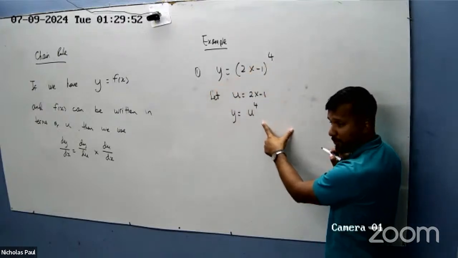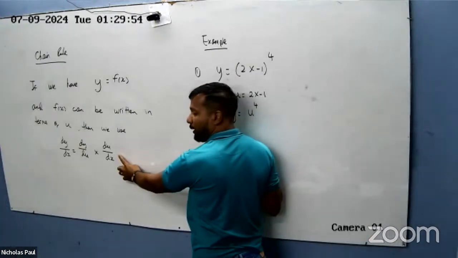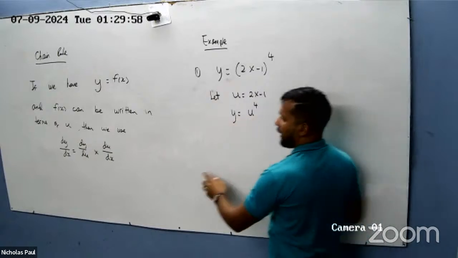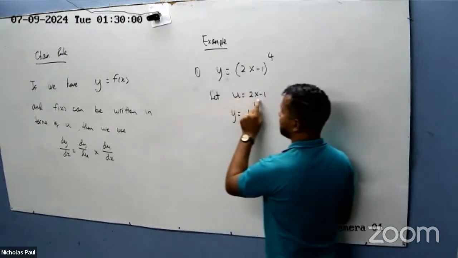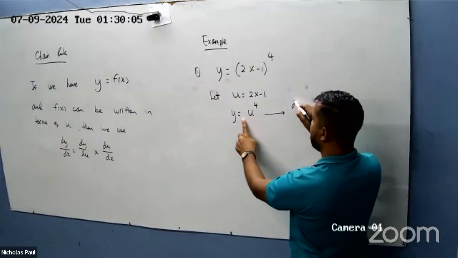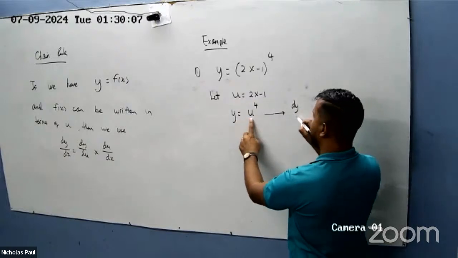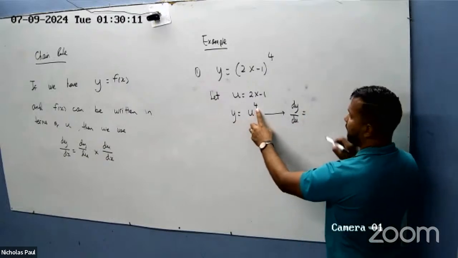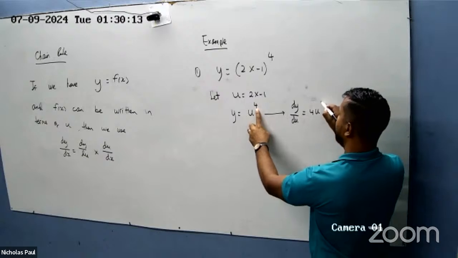Okay with that? Now I want to use this formula here, so I need to get dy/du and I need to get du/dx. The differential of this will give me dy with respect to u. The differential of u to the 4 is 4u cubed.